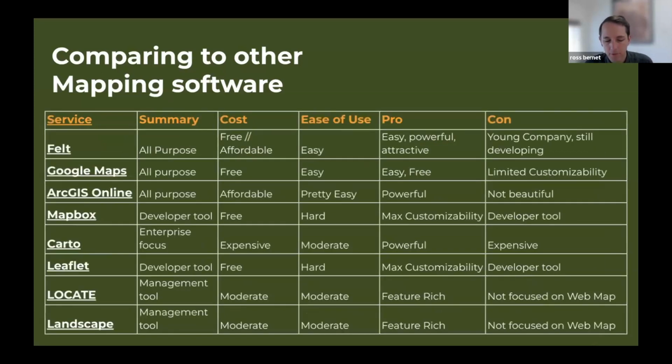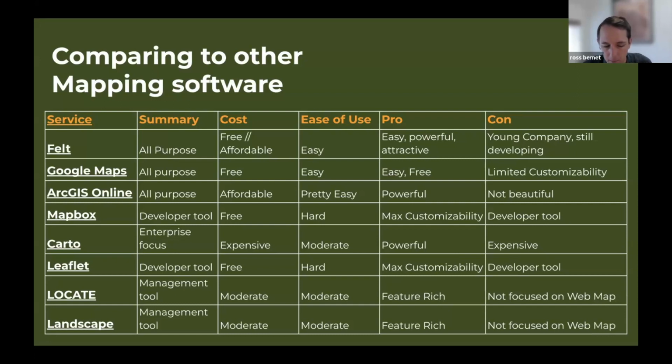So I put together, we're definitely not going to go through every single point in this list, but we did share this presentation in that map, and we can share it out again for folks in case this is a useful reference for anybody. I just wanted to compare some of the high level components and factors you might consider when you're thinking about, hey, we want an interactive map on our website, but we're not sure which tool to use. This is a summary of some of the main ones.